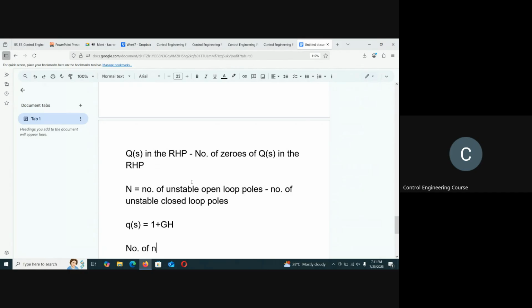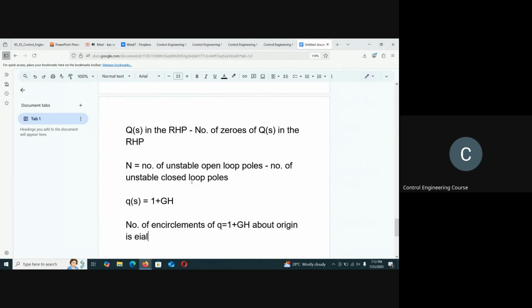The number of encirclements of Q, which is 1 plus GH, about the origin is equal to the number of encirclements of GH, just GH, about the point minus 1 plus J0. Do you agree with this?